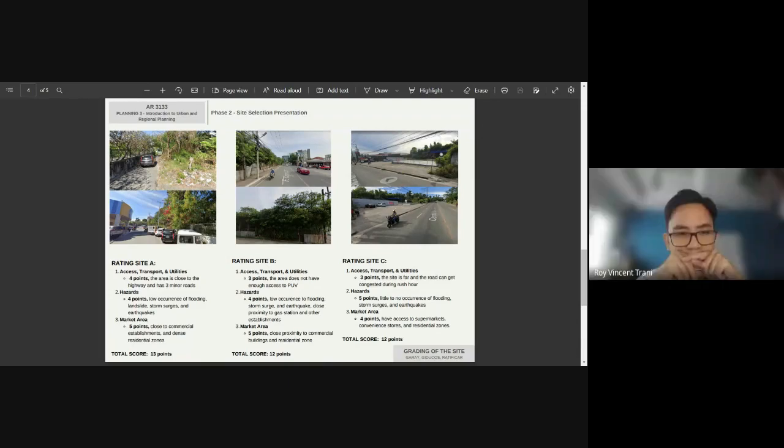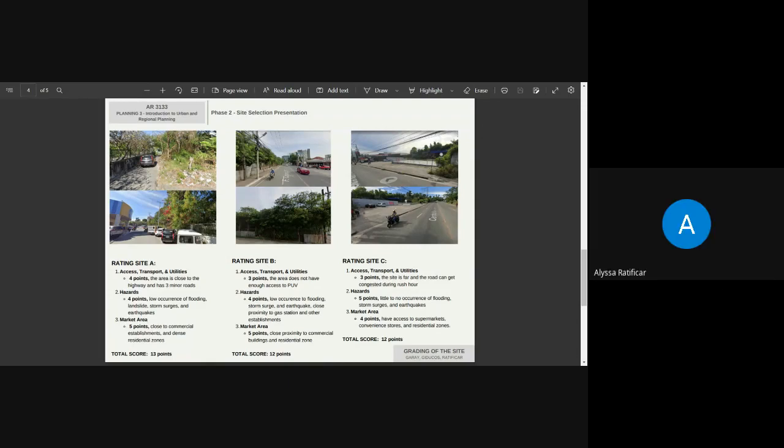For the third site, for access, transport, and utilities, it's given 3 points. The site is pretty far, although it is right by a highway and it has access to jeepneys and other things. It's a bit far, and it's a little secluded. It's not really developed yet.